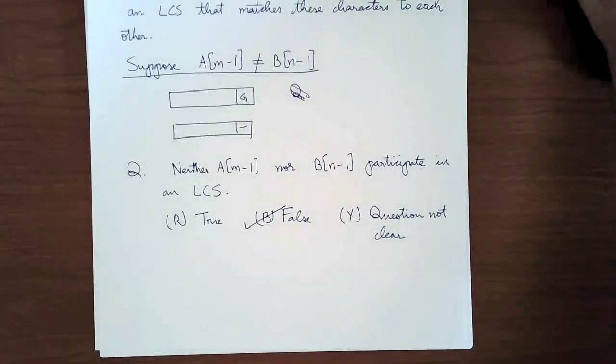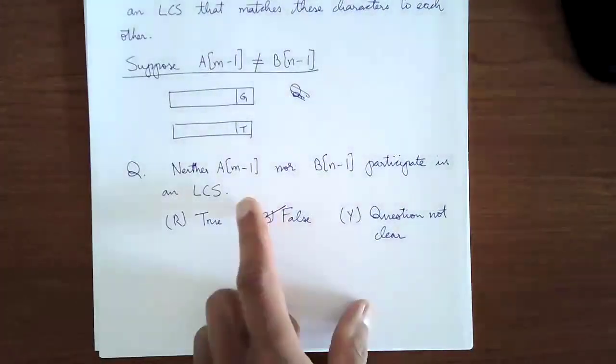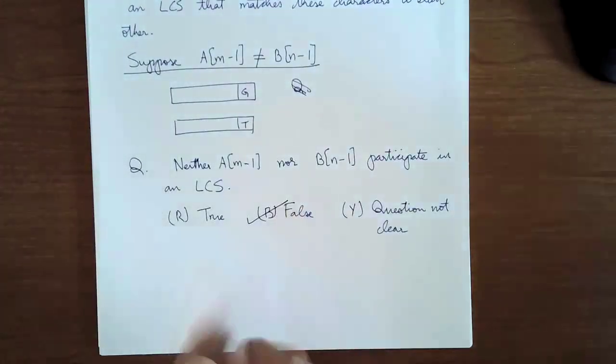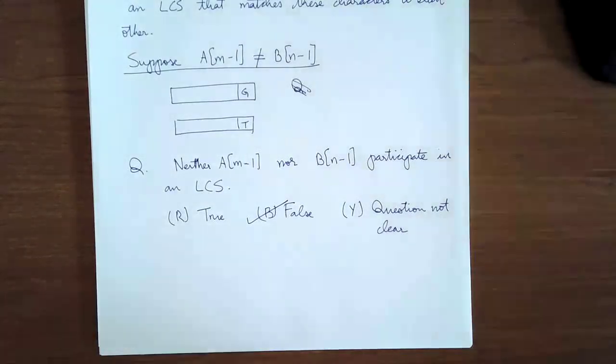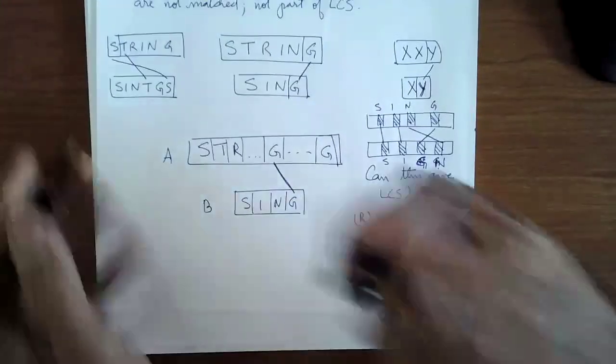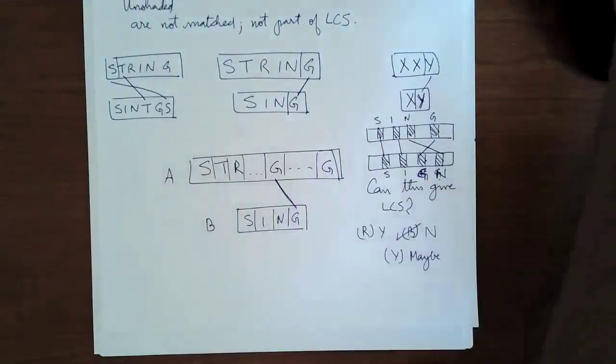And that is good. So you see that this is false. Maybe one of them does participate. And just to give some sort of example over here, here's a good example.